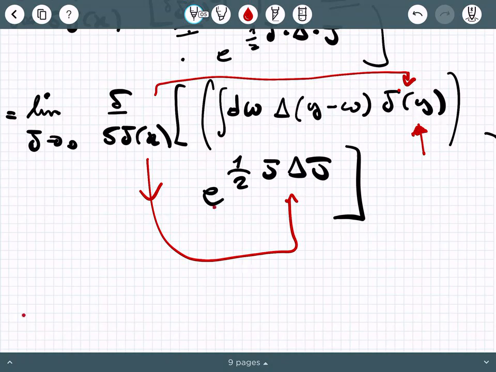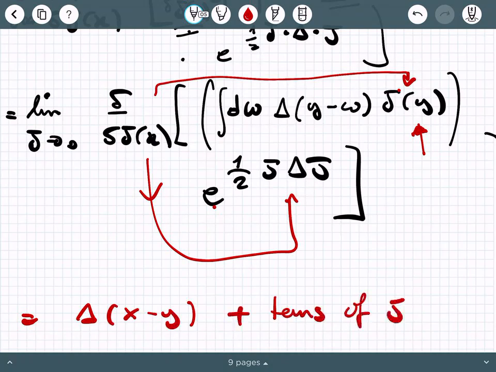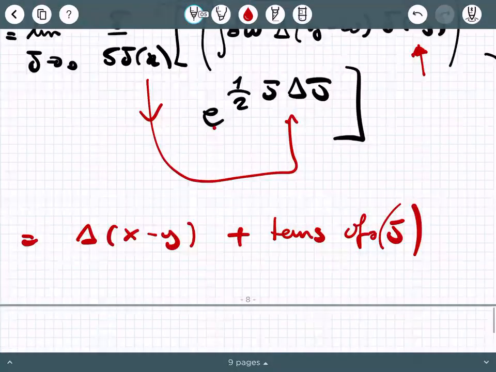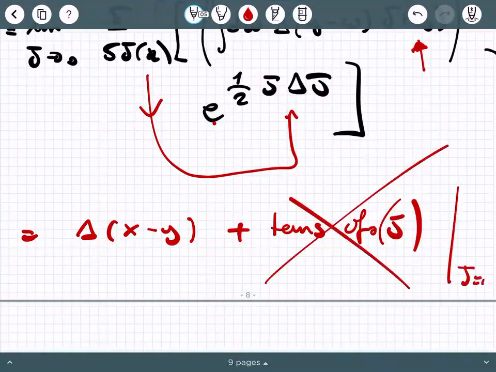Because basically all I'm saying is that this is going to be delta of x minus y plus terms of order j or higher power of j. And these terms of order j will all cancel out in the limit j goes to 0.